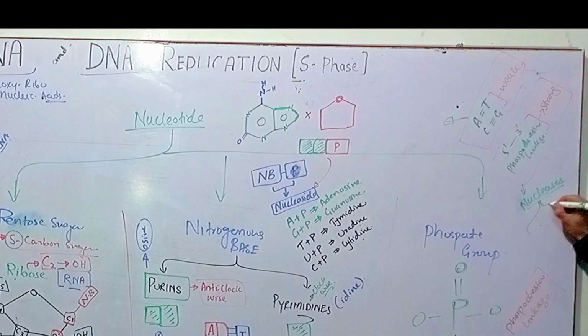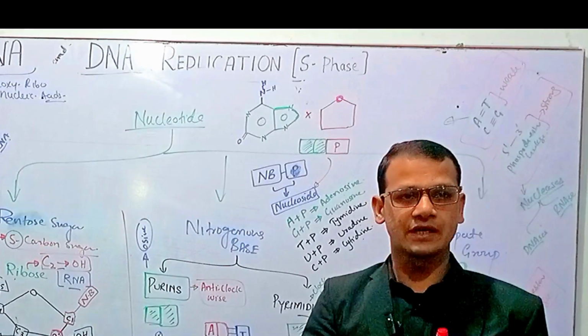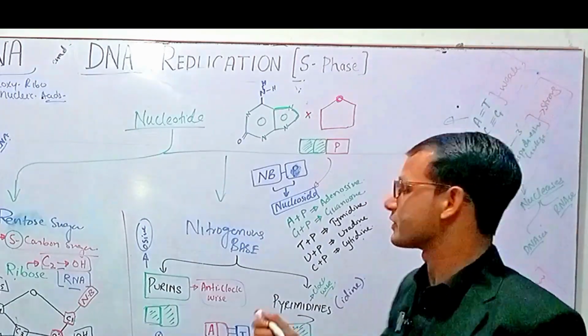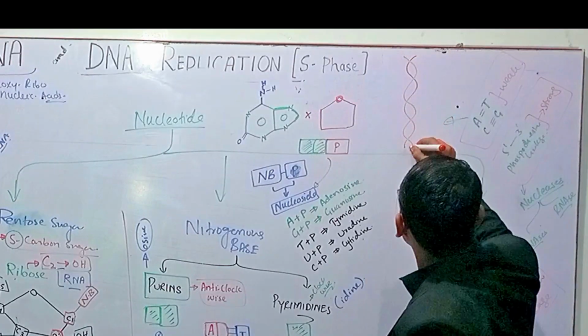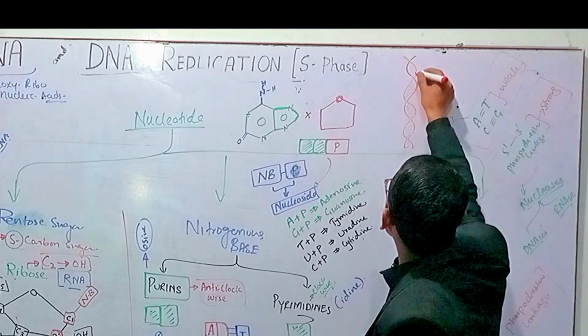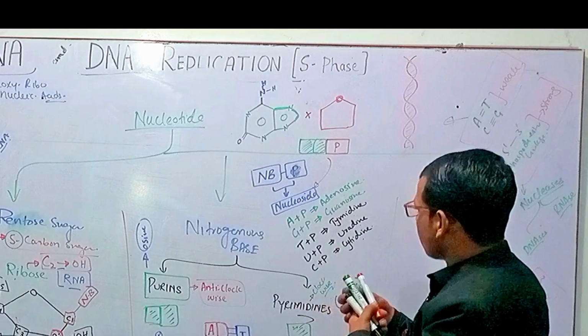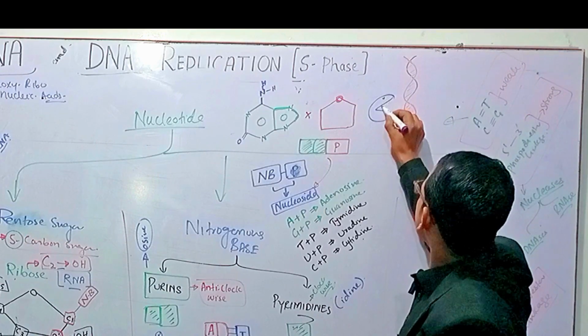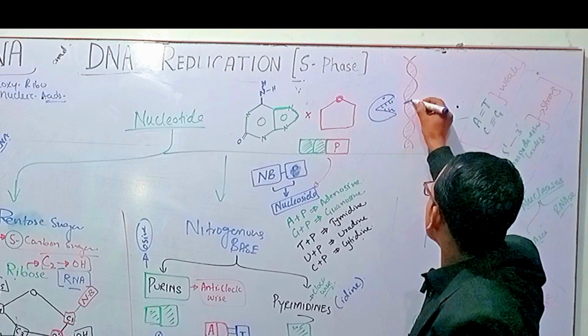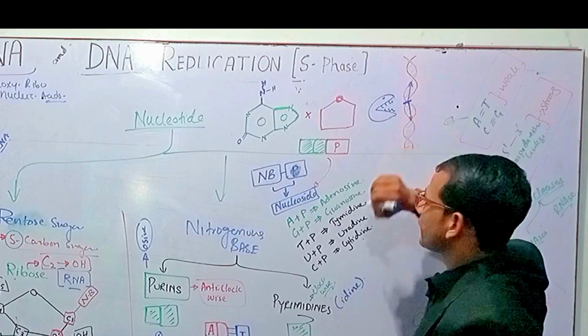Nucleases may be DNases and RNases, right? Some of these are exonucleases and some are endonucleases. For example, this is DNA, and some enzymes come and break it in the middle, on both sides.